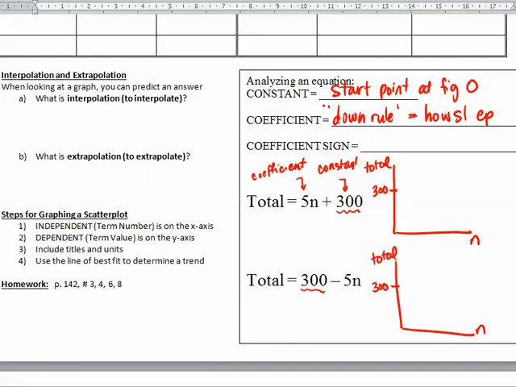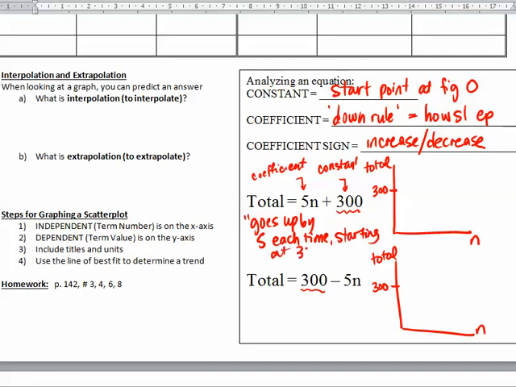So the coefficient sign tells you whether or not you are increasing or decreasing. If I read this out in words, this means goes up by 5 each time, or each figure, starting at 300. So that's how I read that. So it basically will look like that.